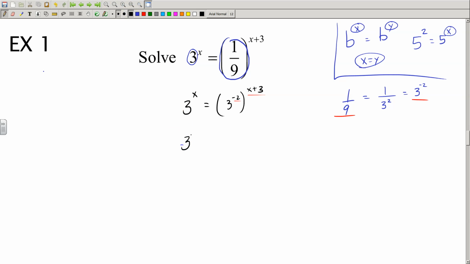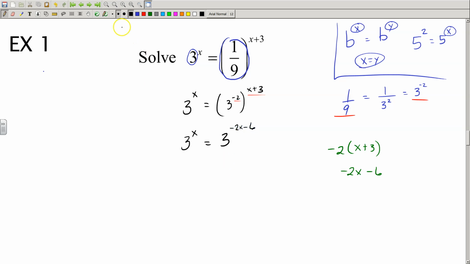So I'm going to write this as 3 to the x is equal to 3 to the, and I have to multiply -2 times x plus 3. If I multiply them, that's -2x minus 6. So this becomes 3 to the -2x minus 6.